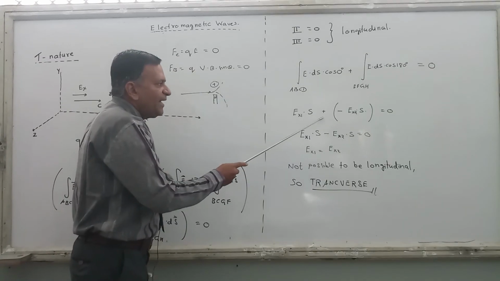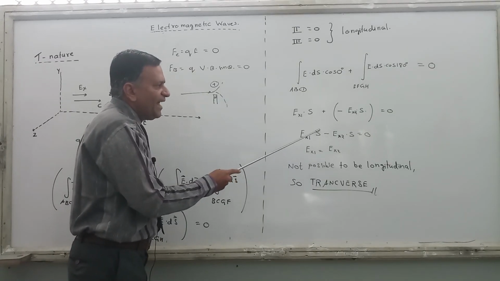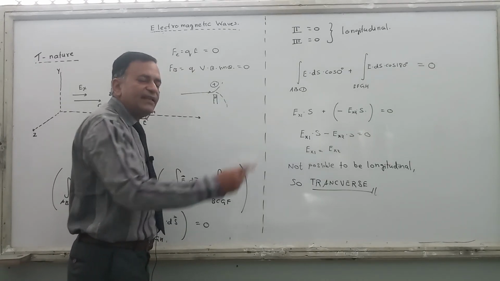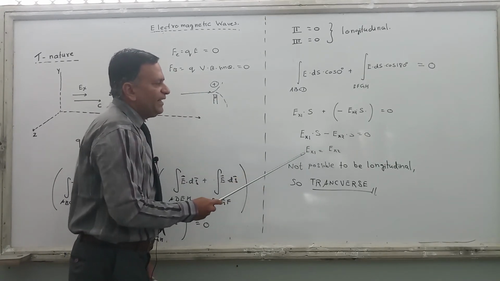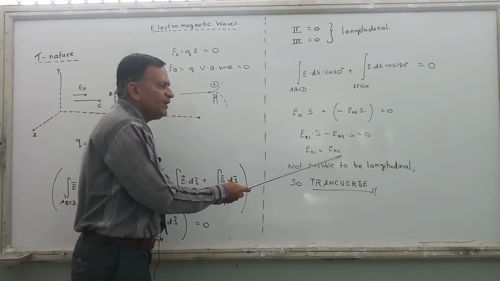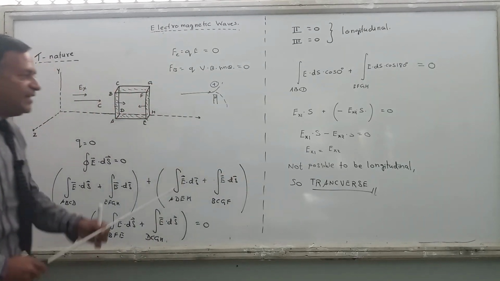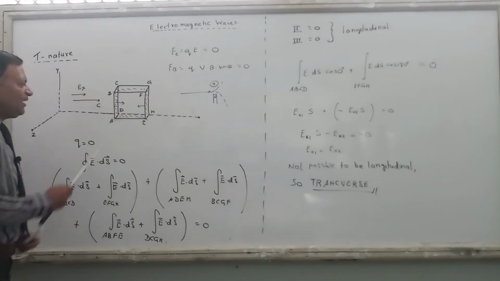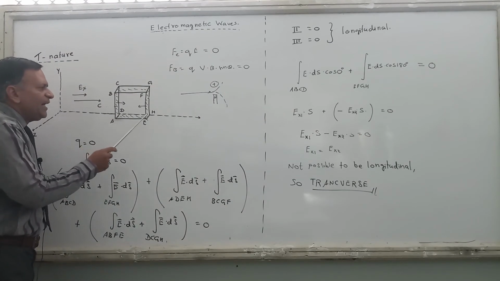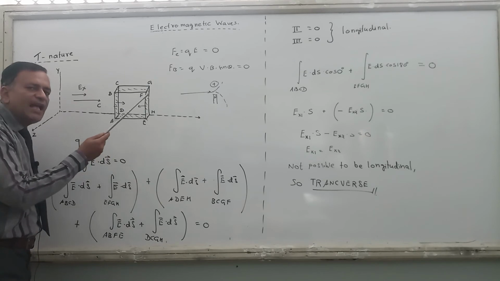So now expanding this becomes negative. S यहाँ पे cancel out हो जाएंगे and you shift this EX2 on this side. What you get is EX1 is equals to EX2. यानी कि this conclusion means that electric field at this point and the electric field at this point, they are equal.